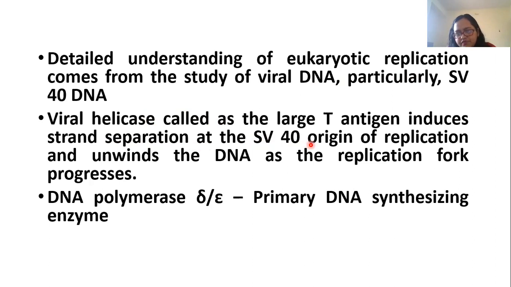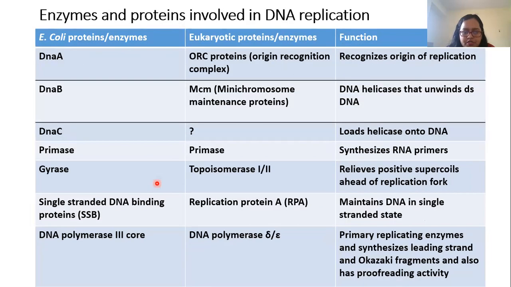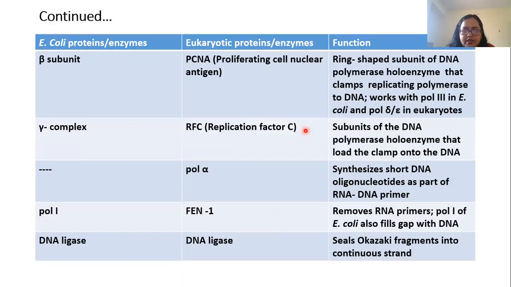In SV40 there is a large T antigen which induces strand separation at the origin of replication, and its function is to unwind the DNA as the replication fork progresses. In the previous table, the protein involved in unwinding DNA was unknown in the case of eukaryotes.